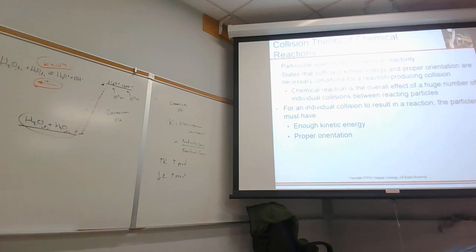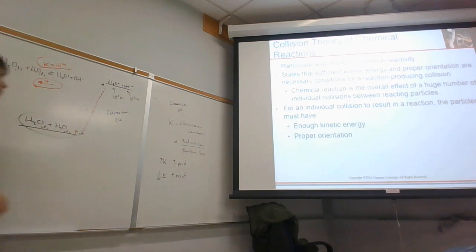Or likewise, if the hydrogen collides with the hydrogen, in this case, if the two hydrogens collide, there's no reaction here. What we have to have for a reaction to occur is the oxygen collide with the hydrogen. That's what we mean by having the correct orientation. So all these three might have enough energy, but if we don't have the correct orientation, not all three react. Just the first one will react in this case.